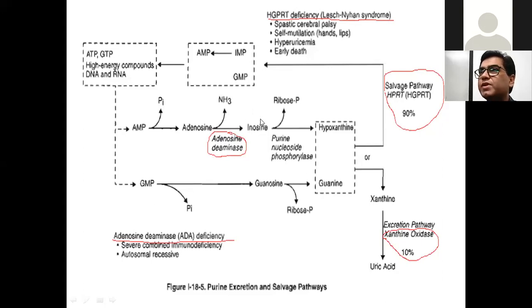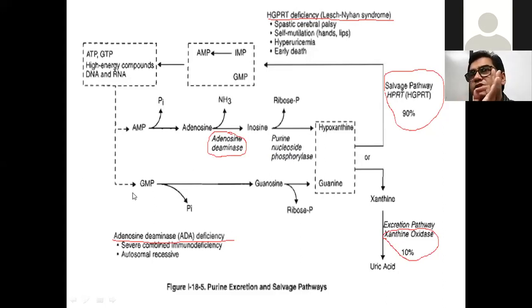Now it is left with the inosine. और inosine में से भी अगर purine nucleoside phosphorylase, recall the scenario, तो अगर ये purine nucleoside phosphorylase इसका ribose 5-phosphate निकाल देगा inosine में से, तो now this inosine will become hypoxanthine.